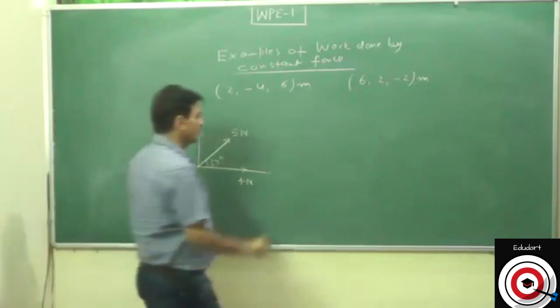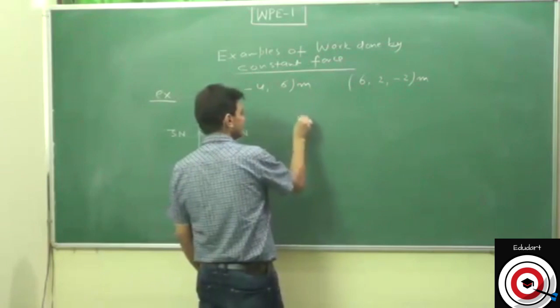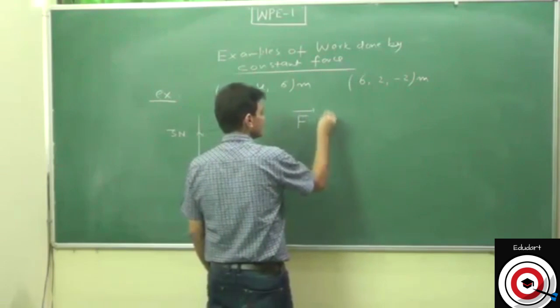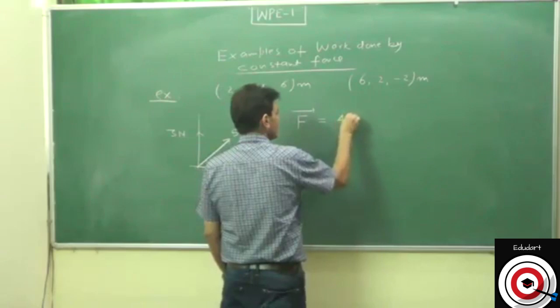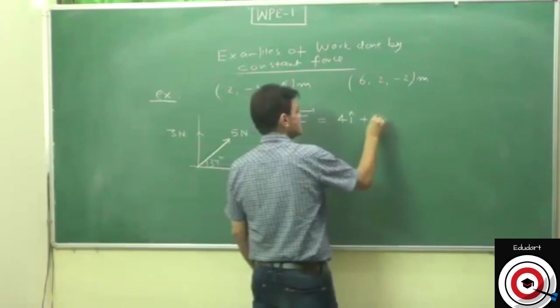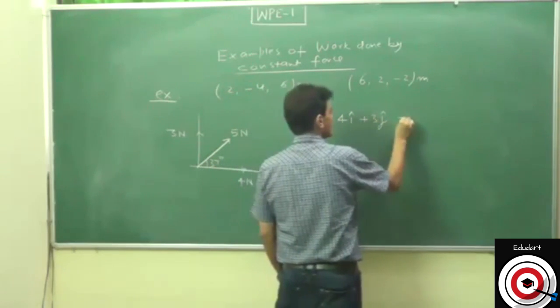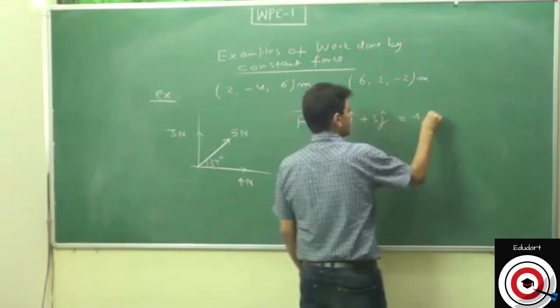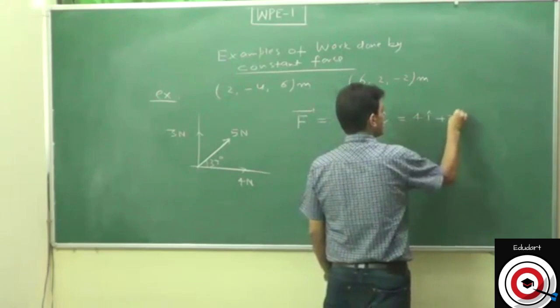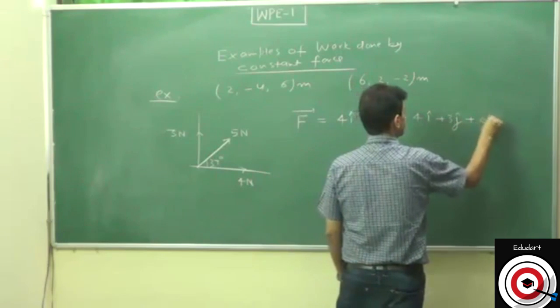Okay, so force can be written as 4i cap plus 3j cap plus 0k cap.